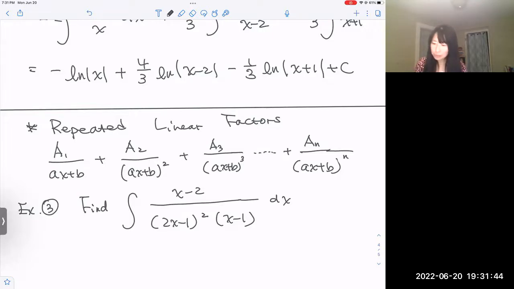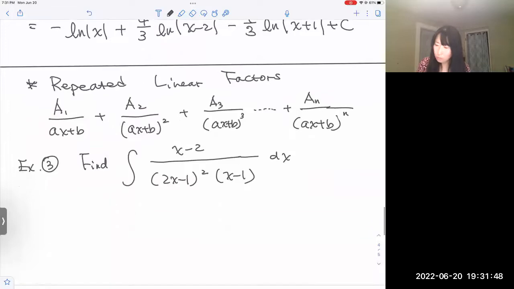So look, this one is squared. Can you see that if we have a squared factor, we can make a linear factor of itself.